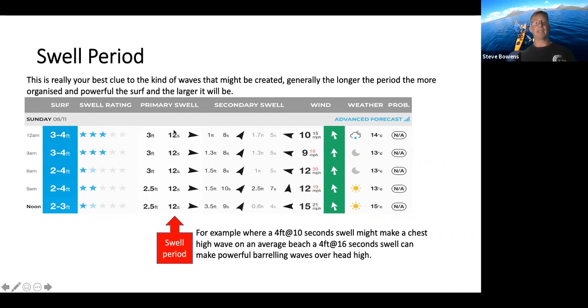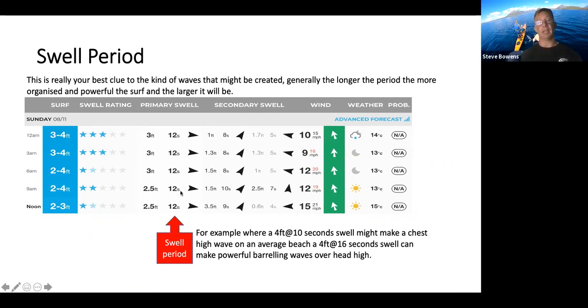When you have a 10-second period, one wave goes across, then 10 seconds later the next wave goes across, and 10 seconds later the next. That means the wave height would be the same as the swell height or thereabouts. So at a 10-second period, you would expect the waves to be between 2 and 4 foot.